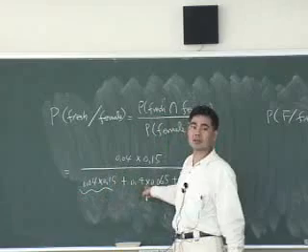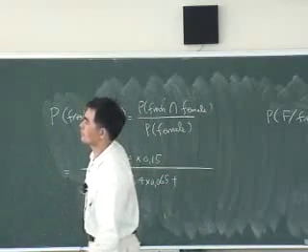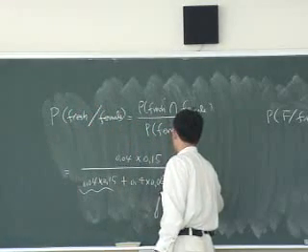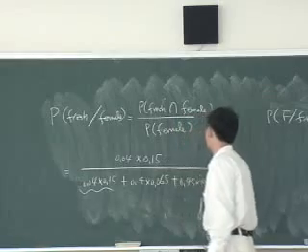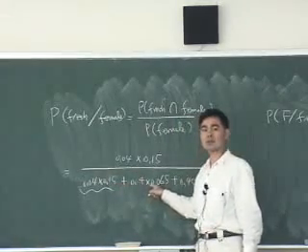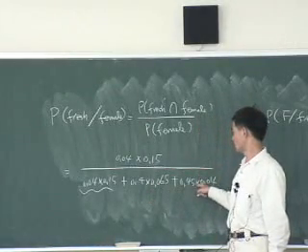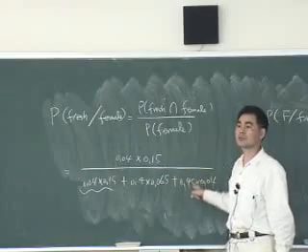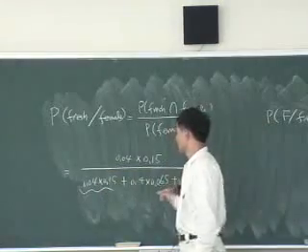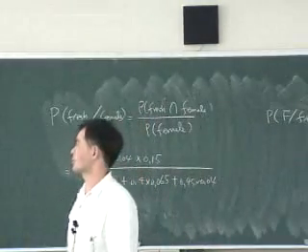This is the female in junior. And what about the next one? 0.45 times 0.04. So this is the female in freshman, this is the female in junior, and this is the female in senior. So then what do you get? You get all of the female, right? All of the female.